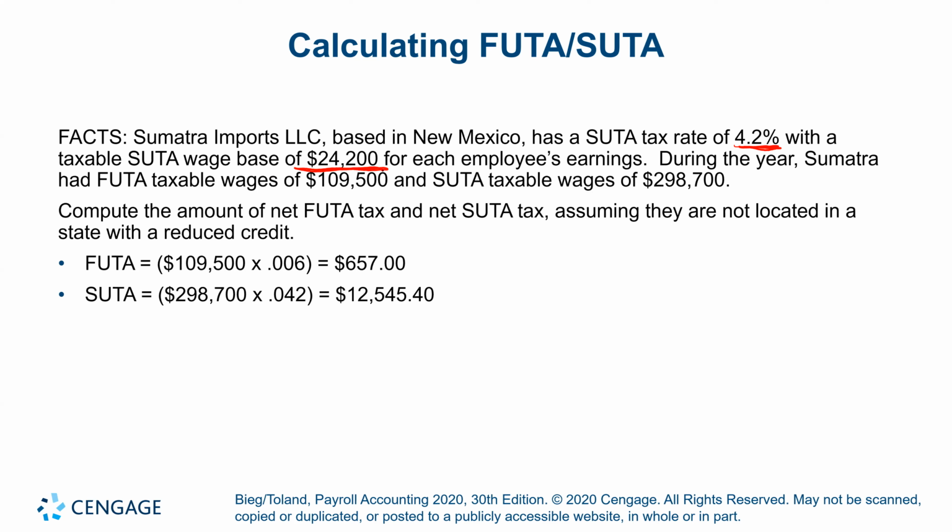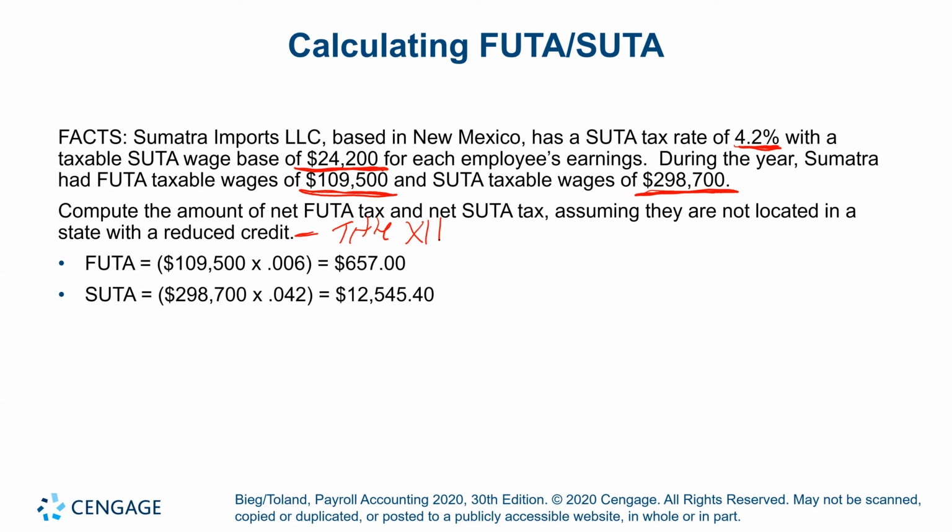During the year, Sumatra had FUTA taxable wages of $109,500 and SUTA taxable wages of $298,700. Compute the amount of net FUTA tax and net SUTA tax, assuming they are not located in a state with a reduced credit. This is from that Title 12. If they had defaulted on payments back to the federal government or whatever, they'd have that reduced credit.